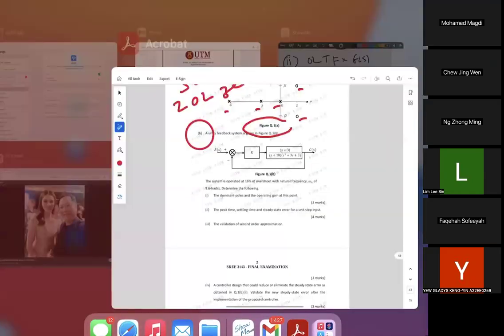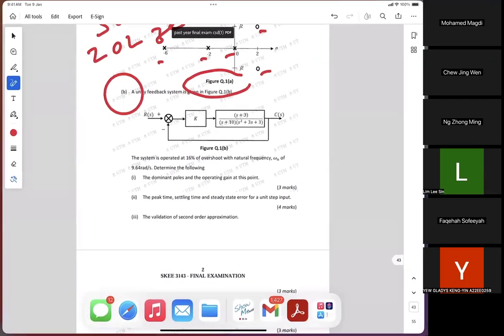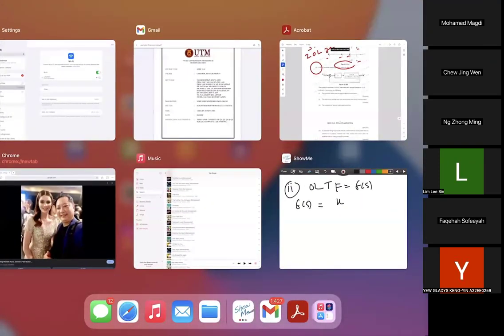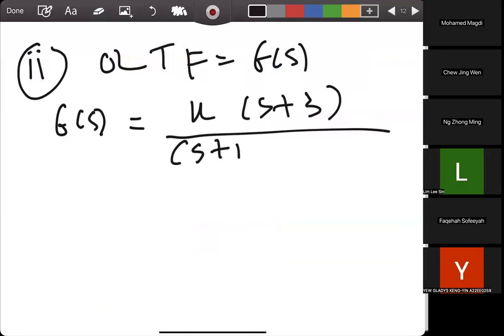S plus 3 over S plus 3. Okay. Wait, S plus 3 over S plus 10 times S square plus 3S plus 3. Okay. Like this, correct? Yes.